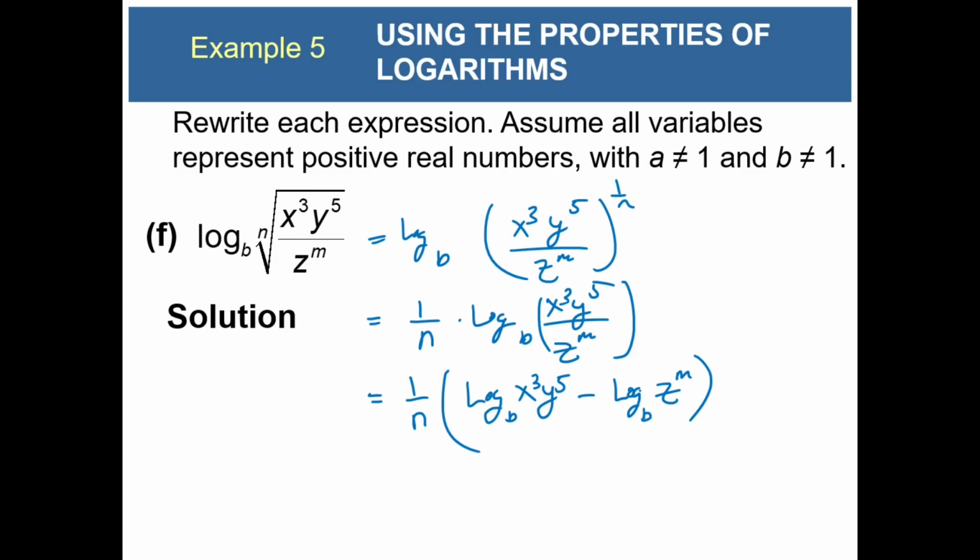And we could also use the power rule for the log base b of z to the m. So this is equal to now 1 over n times 3 log base b of x plus 5 log base b of y minus m log base b of z. So remember to use the product rule first to separate x cubed and y to the fifth with addition, and then bring the power down with the power rule.